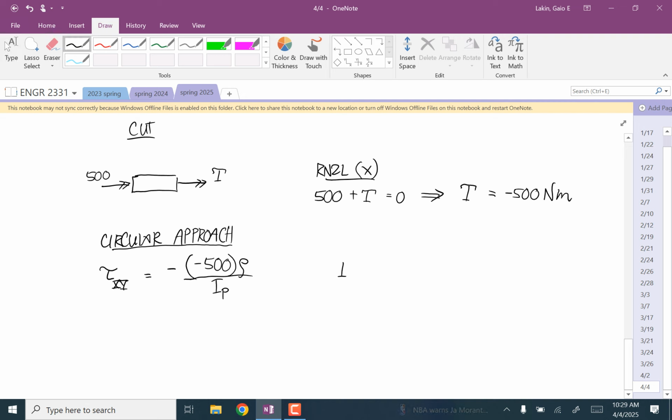And that polar moment of inertia is pi over 2 times the outer radius to the fourth minus the inner radius to the fourth.